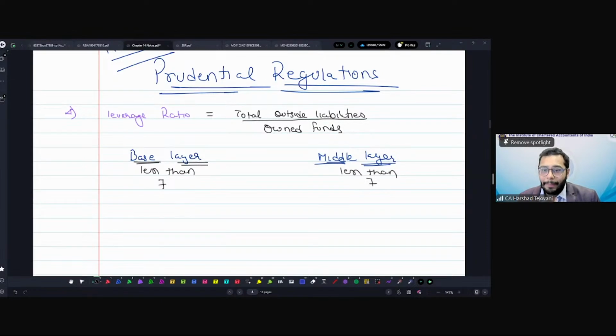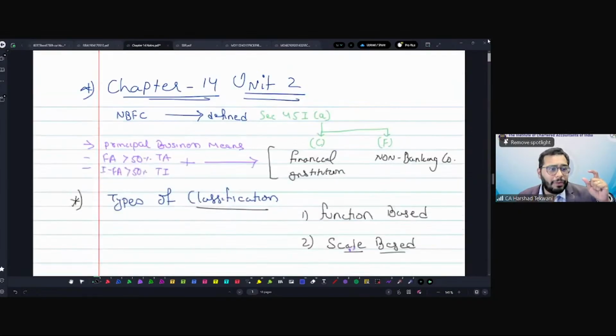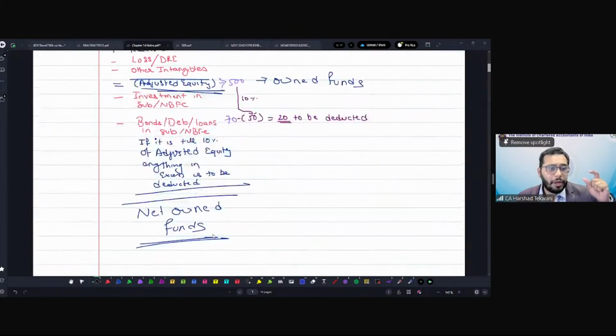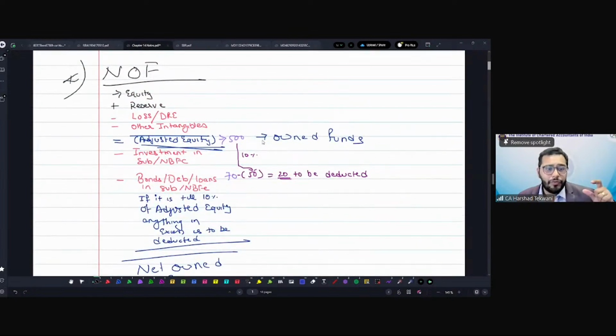Now we will discuss the next part, which is tier 1 and tier 2 capital. What is tier 1, tier 2 capital? There is a definition of tier 1 capital, and there is a definition for tier 2 capital. In the last session we discussed tier 1 capital. That is the own funds definition. Remember or not? I'll go back to that particular part over here. Remember, we discussed net own funds and own funds.